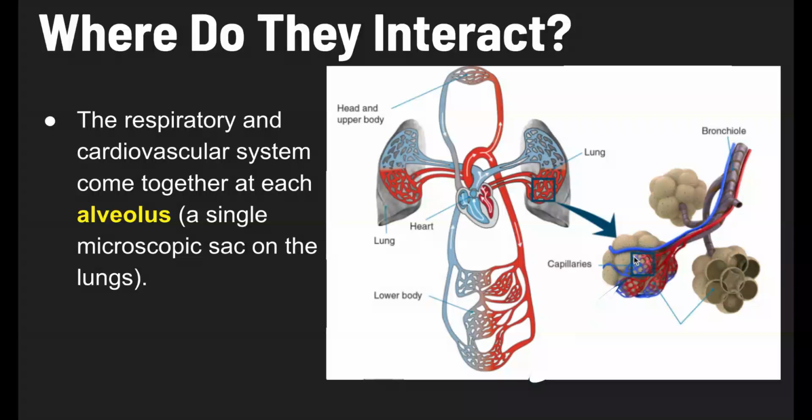Each alveolus is a part of the lung, but these capillaries on the surface of each alveolus are part of the circulatory system that's connected up with the heart. So this is a place where these two systems meet.